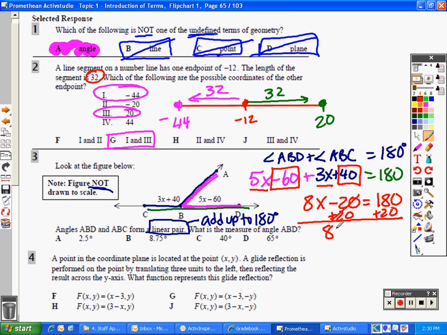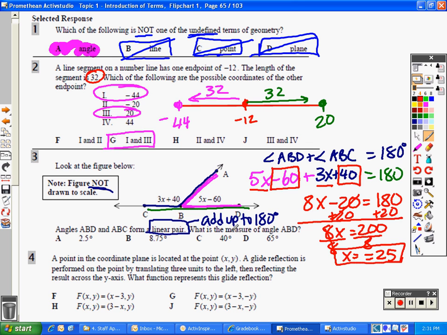That gets rid of it here. We have 8x equals 200. And then we're going to divide both sides by 8. x equals 200 divided by 8, which I believe is 25. Just going to double check. Yeah, that's 25.